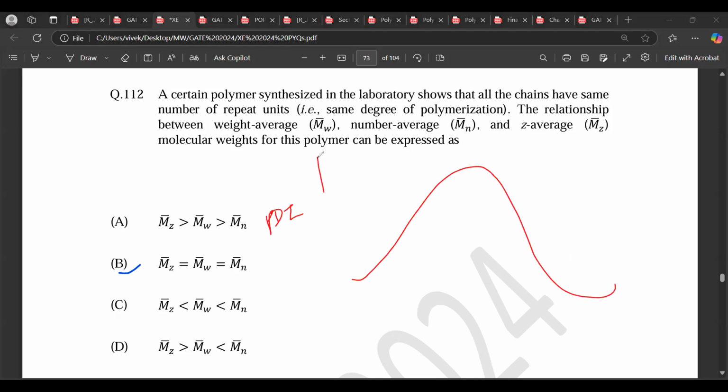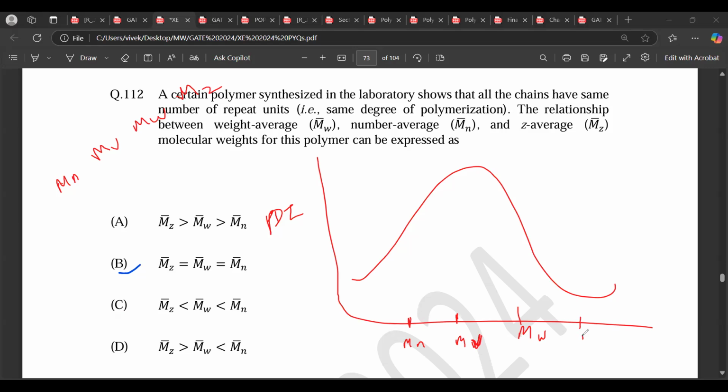What does the PDI say? That there will be broadness in the values of Mw, Mn, and Mz. So you get first Mn, then Mv, then Mw, and then Mz, right?